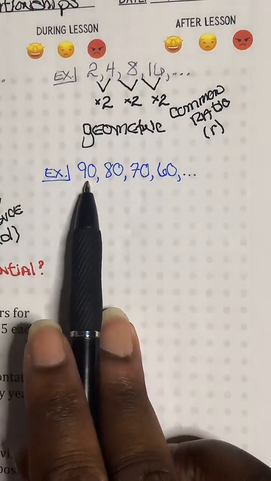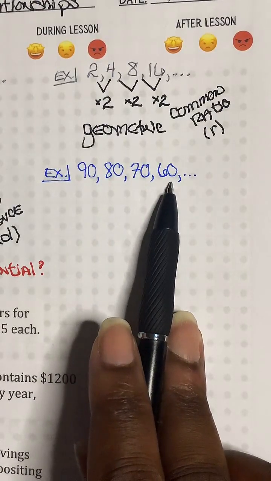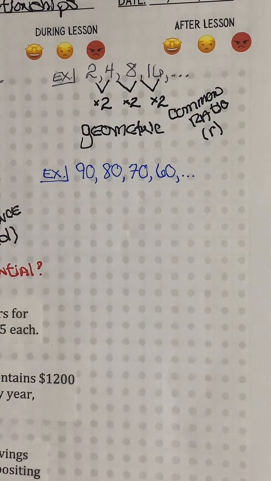For example, we have 90, 80, 70, 60. What do we have here? What do you think?